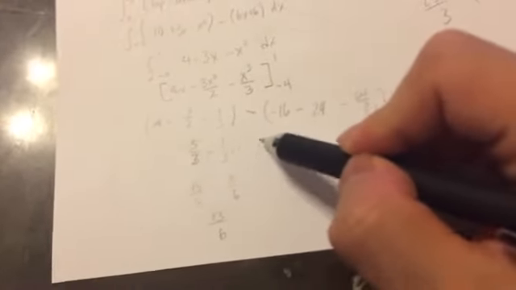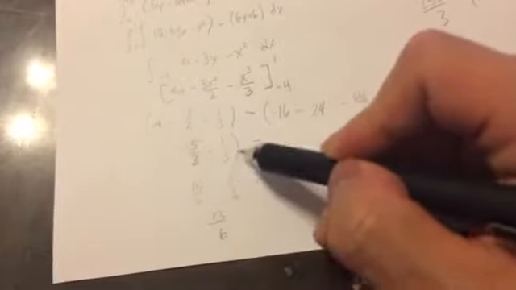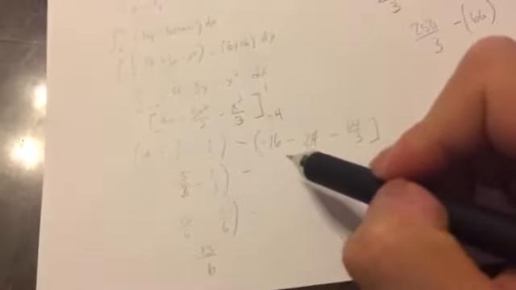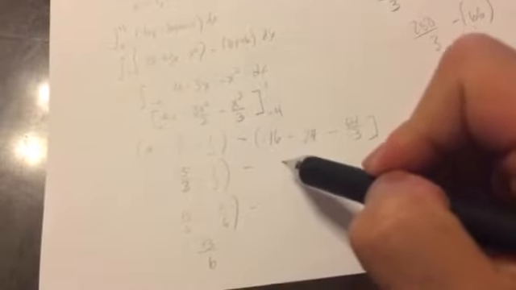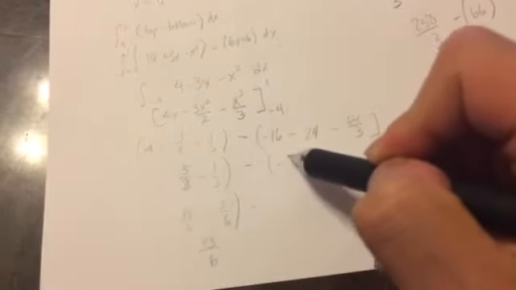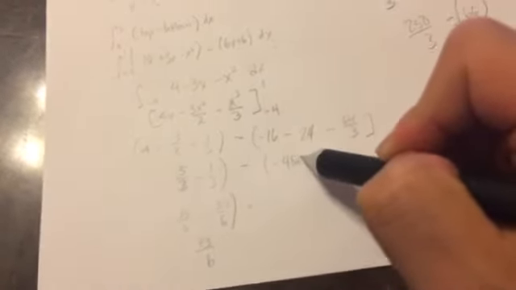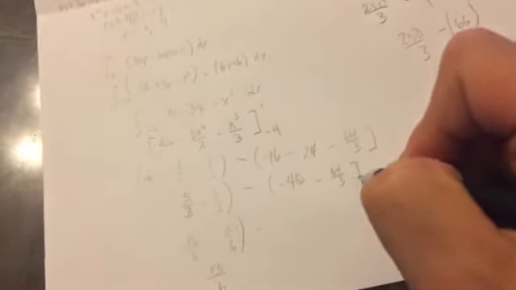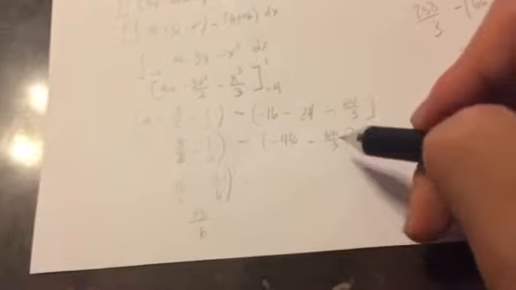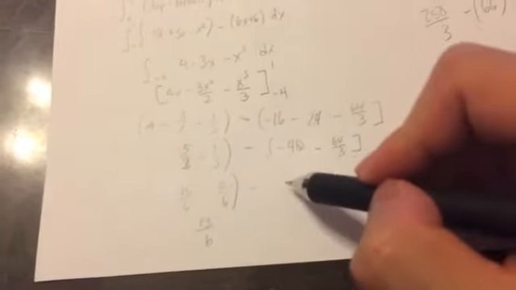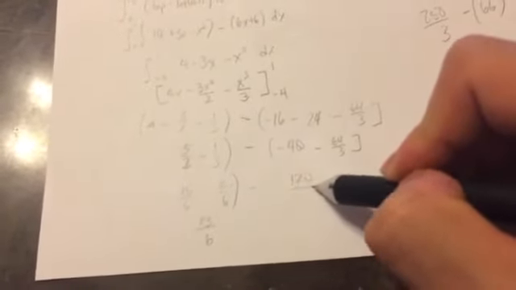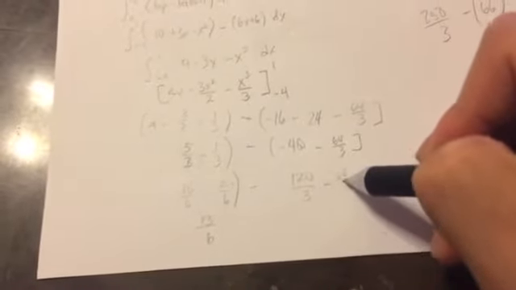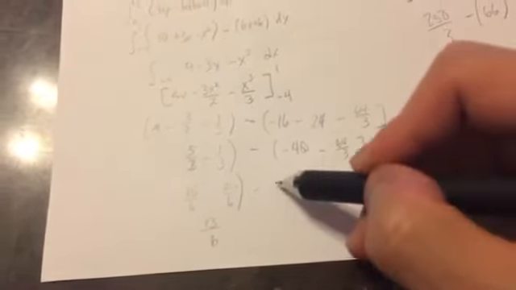And then now working this side across, we kind of want to separate it. You know that this is going to be equal to negative 40 minus 64/3. Okay. And you multiply this by 1/3, so it's 120 over 3 minus 64 over 3.